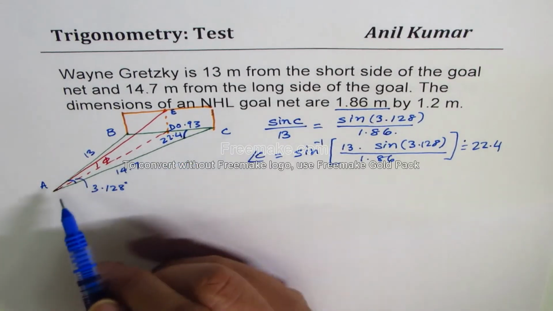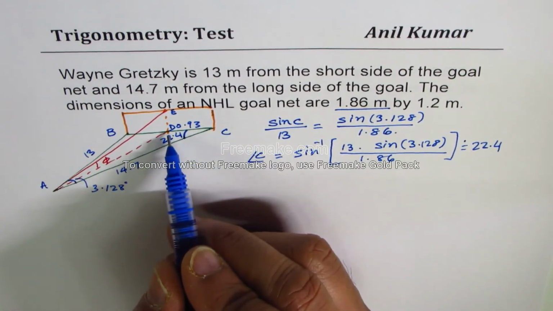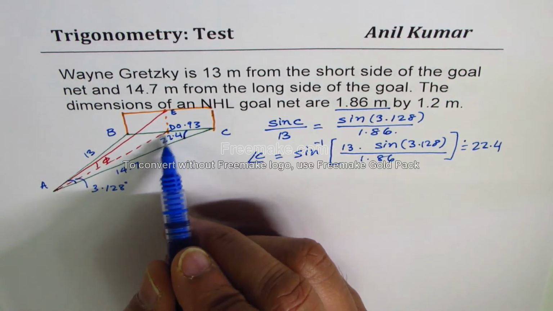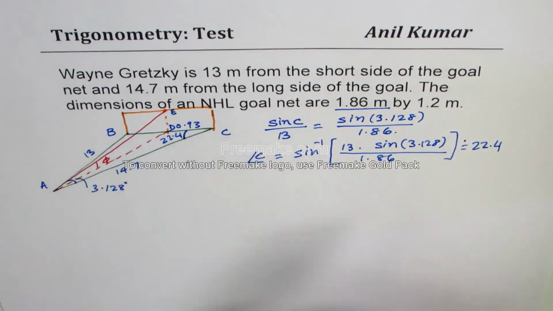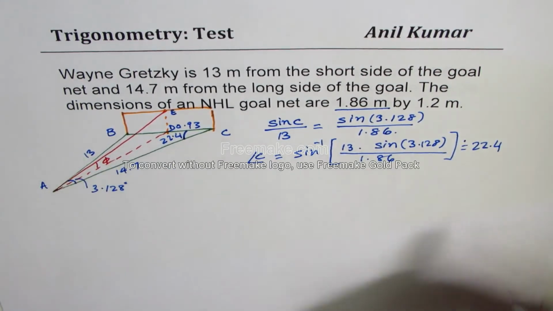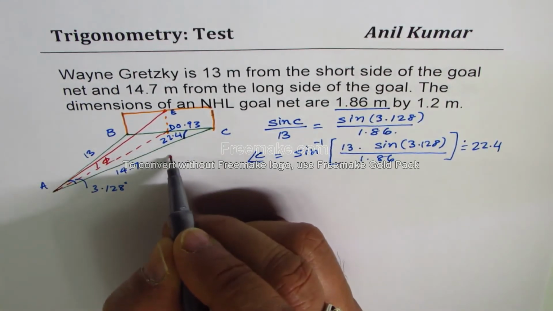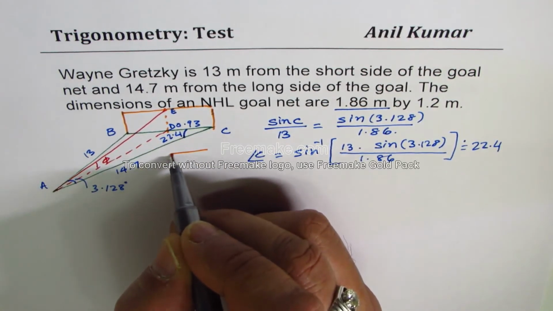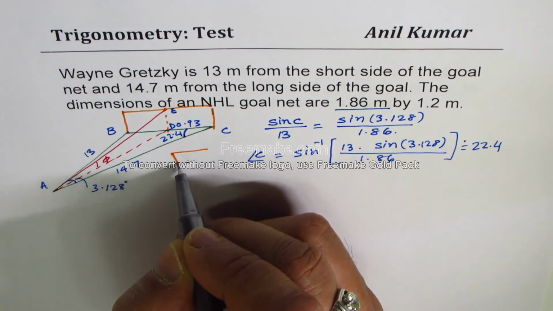Once we know this angle, we can find AD, right? We can find AD. Since in this dimension, AD, now we are considering the triangle. Let me redraw. We are considering now the triangle DCA, right? So we are considering the triangle. Let me just say like this.